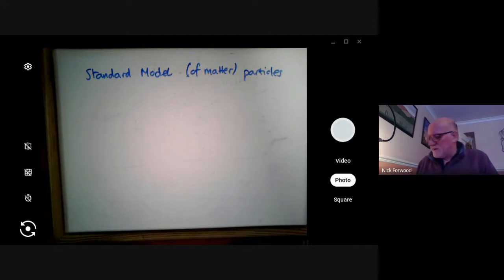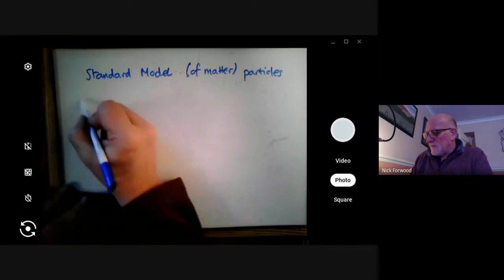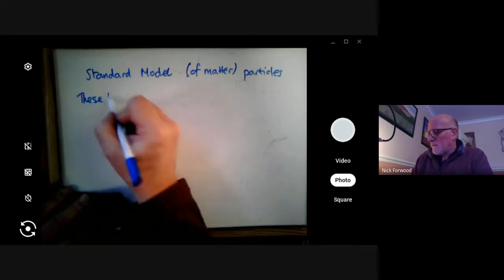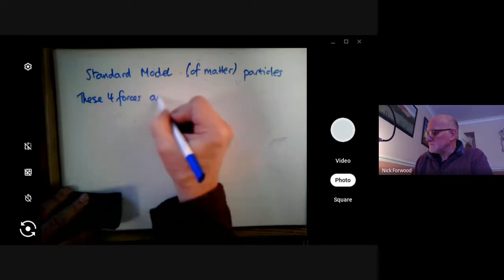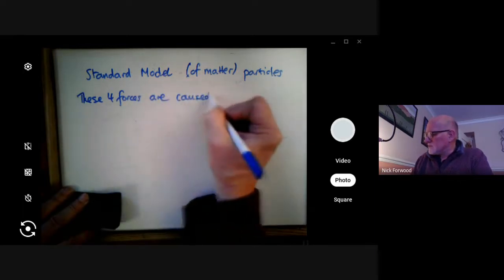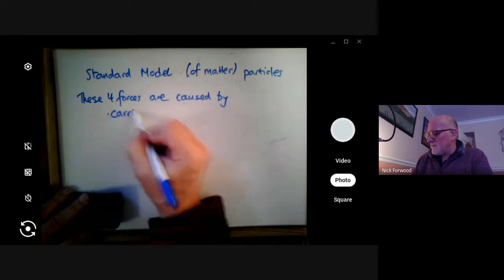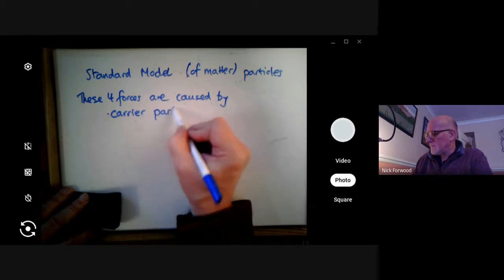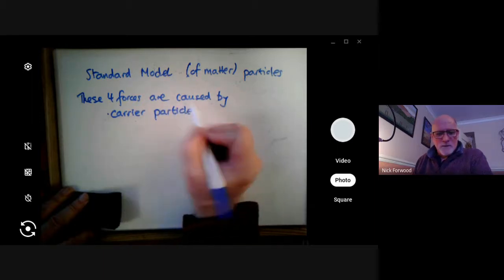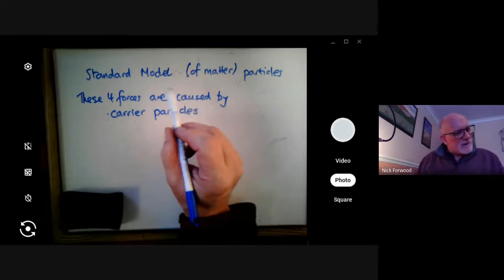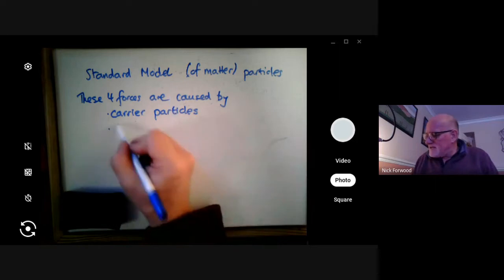How does that actually work? So physicists believe that these forces are actually caused by particles, and they're how they move about and what they do. So the four forces are caused by what are called either, and it's the same thing, carrier particles, or, and I've got to look this up because I can't remember the exact wording, force mediating.